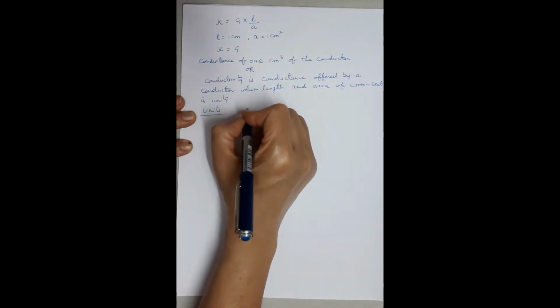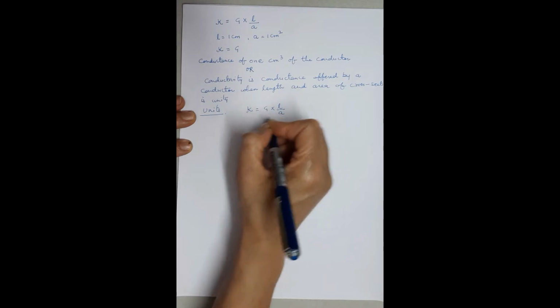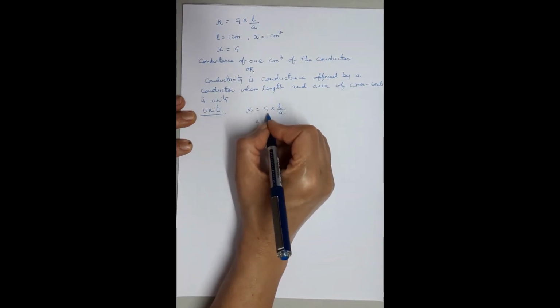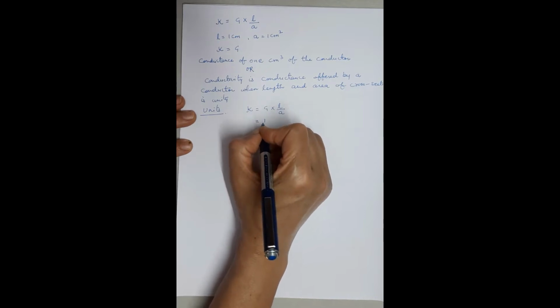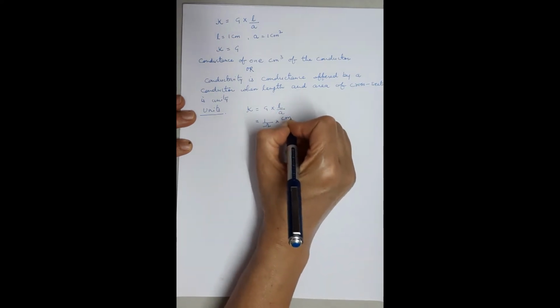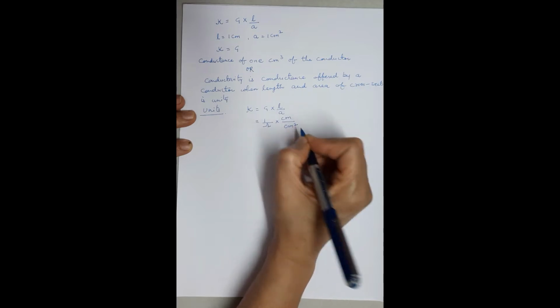Let's write down. Kappa is equal to G into L upon A. Here G is the conductance. Conductance is inverse of resistance, so it is 1 upon ohm. Length is measured in centimeter. Area of cross section is centimeter square.